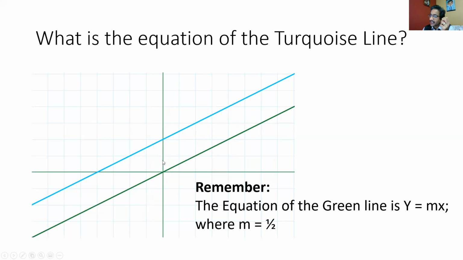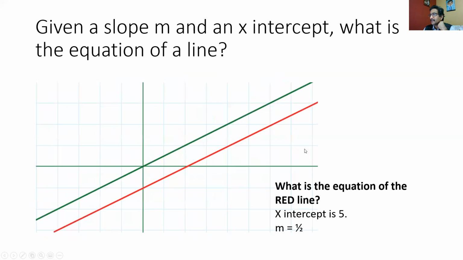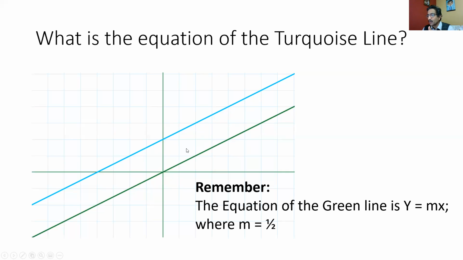This point is called the y-intercept of the turquoise line. So the difference is 2, and anywhere you go, it will be 2, because it is a parallel line. That's why the equation of the line is y is equal to mx plus c, given a slope m and an intercept. Okay, got it.